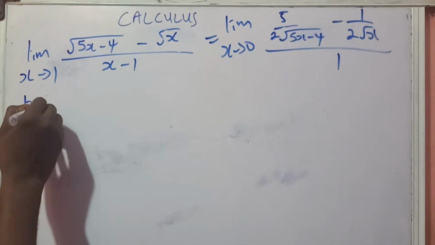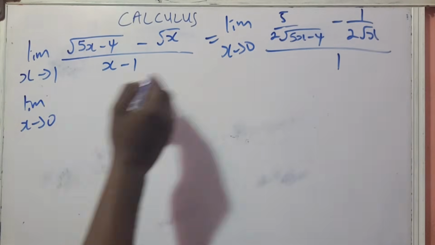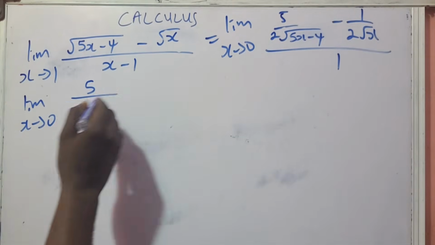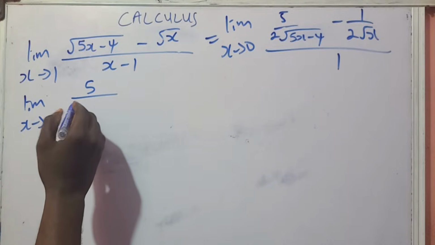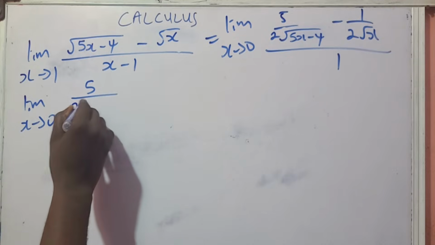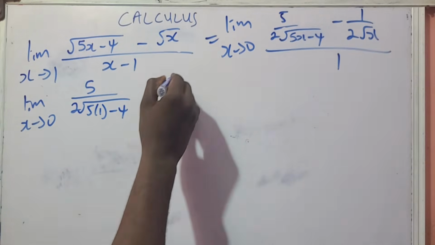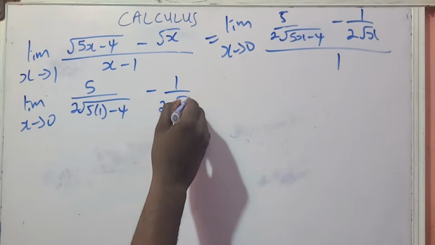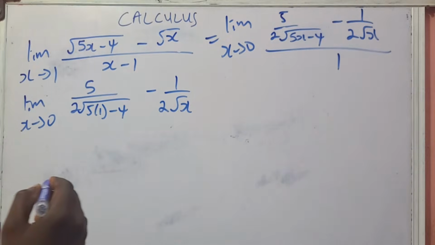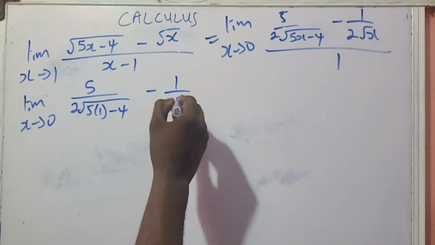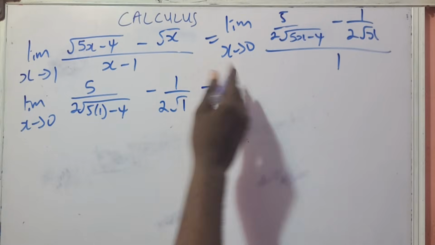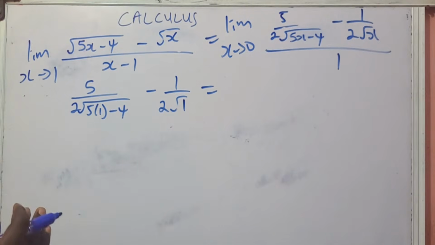The limit as x tends towards 0, we have 5 over 2 square root of 5 times 1 minus 4 minus 1 over 2 square root of x. So in this case, of course, x now is 1, so we don't have to have this anymore.